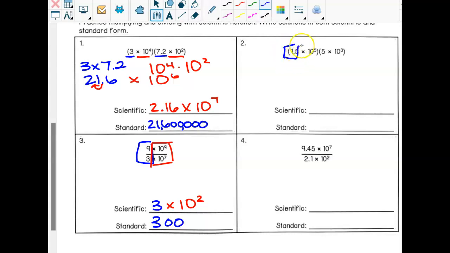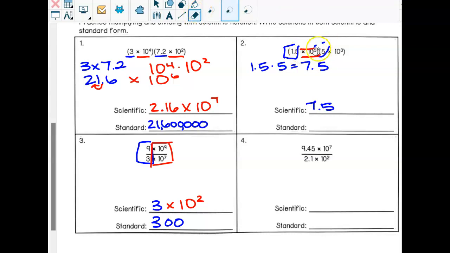So we're going to multiply 1.5 times 5 just to start. So 1.5 times 5 is 7.5. So the number is 7.5. And then our exponents, we have 10 to the, let's say 5th, I wrote on it. 10 to the 5th, yep, times 10 to the 3rd.